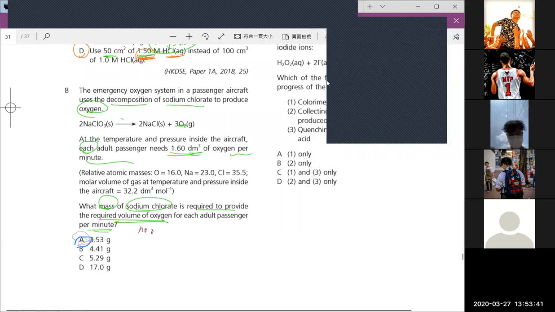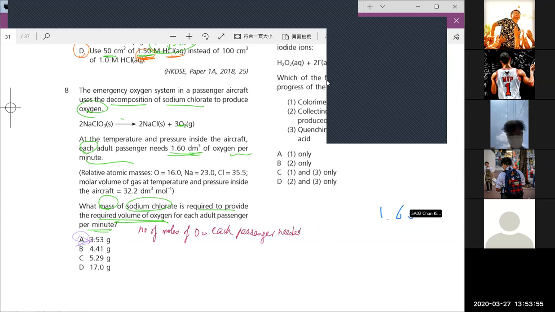The number of moles of O2 that each passenger needs per minute. So you are going to calculate this, right? It is just 1.60 dm³, the volume of oxygen, over what?